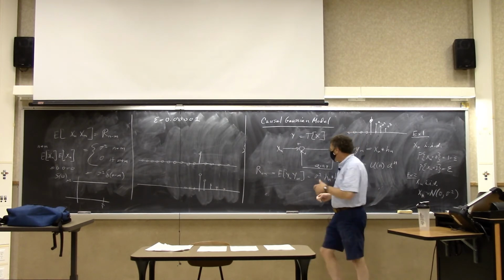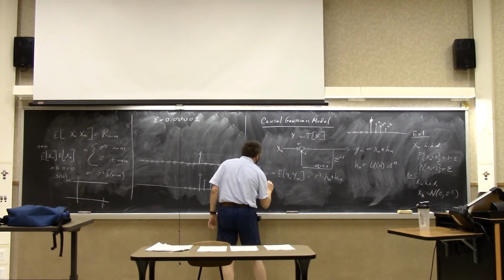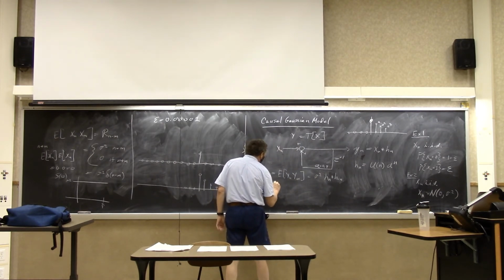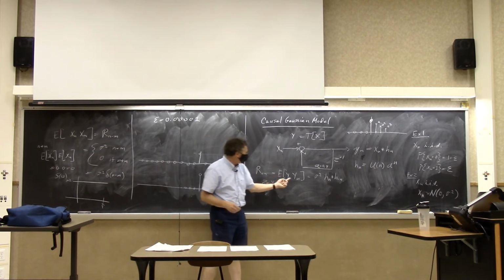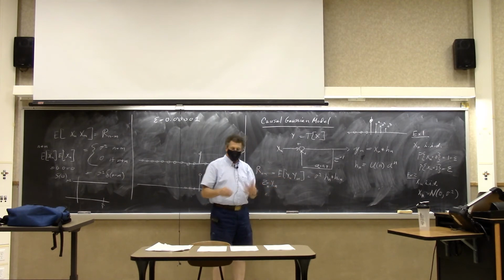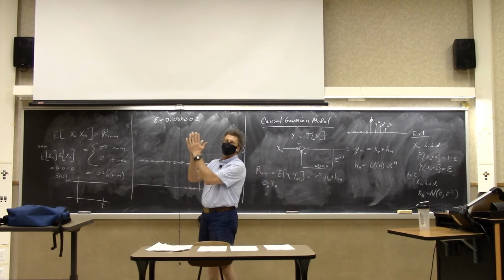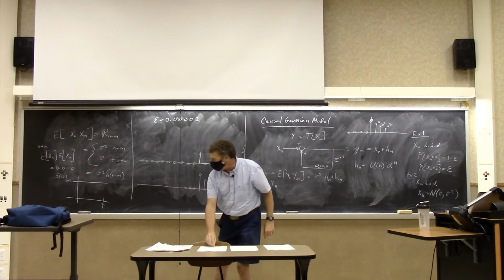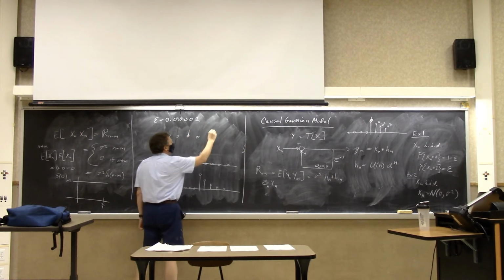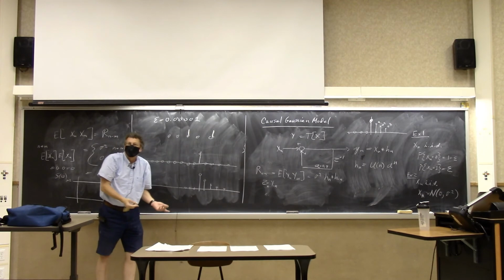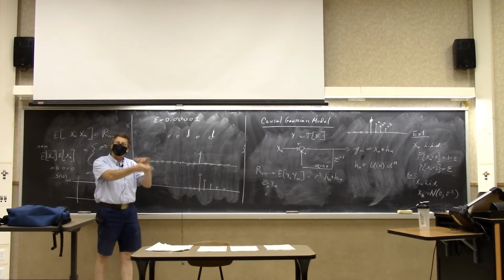So if I take z_n equals y_minus n, I reverse it in time, it still has the same autocorrelation, basically for the same reason that this is symmetric. If I have a signal in time, the correlation between this point and this point is the same as the correlation between this point and this point. It doesn't matter. So if I reverse the thing in time, it has the same correlation.